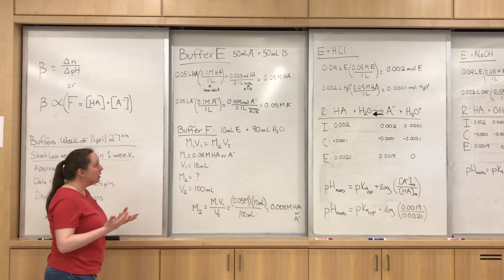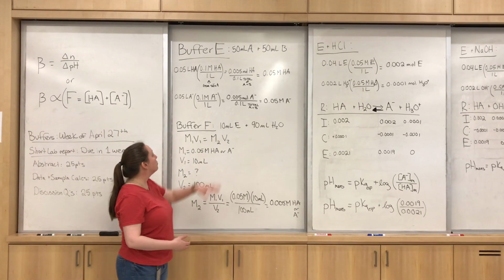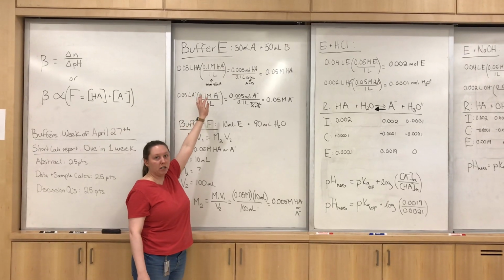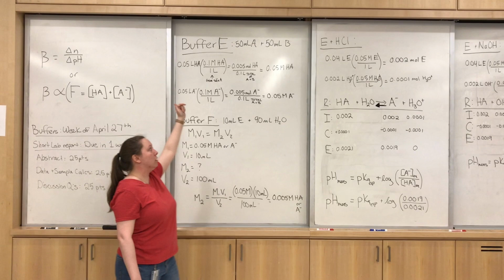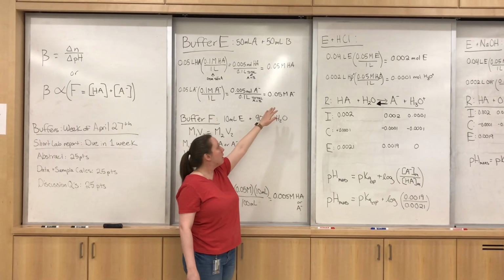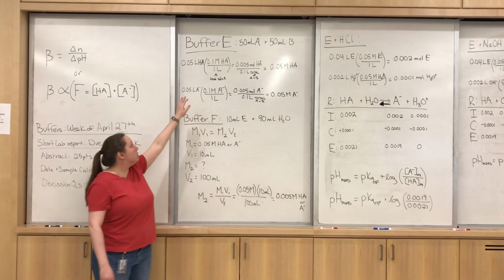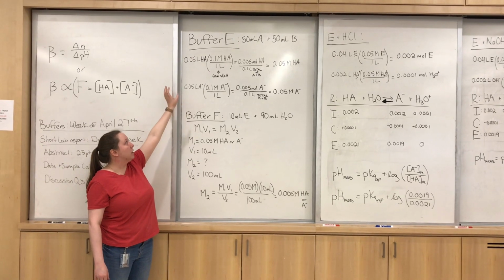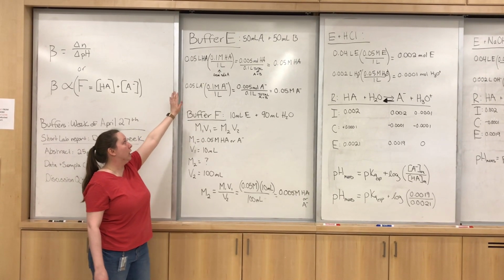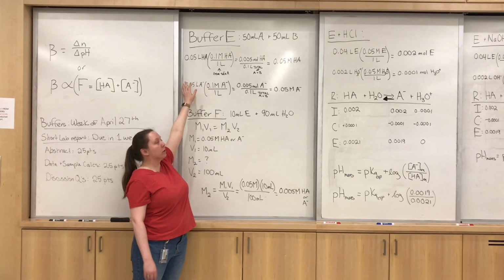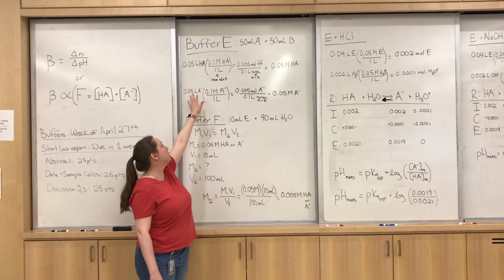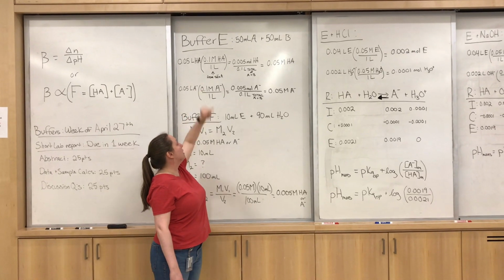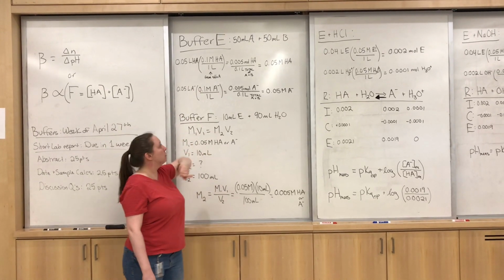So the first thing we need to do is figure out, based on our initial concentrations of HA and A minus, what our new concentration is. So we need to multiply how much we're taking of our HA. We're taking 0.05 liters or 50 mL, and its initial concentration is 0.1 molar.